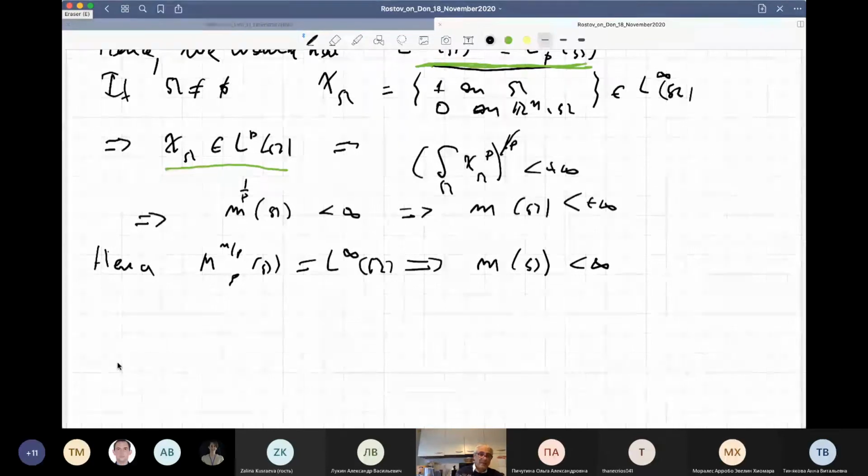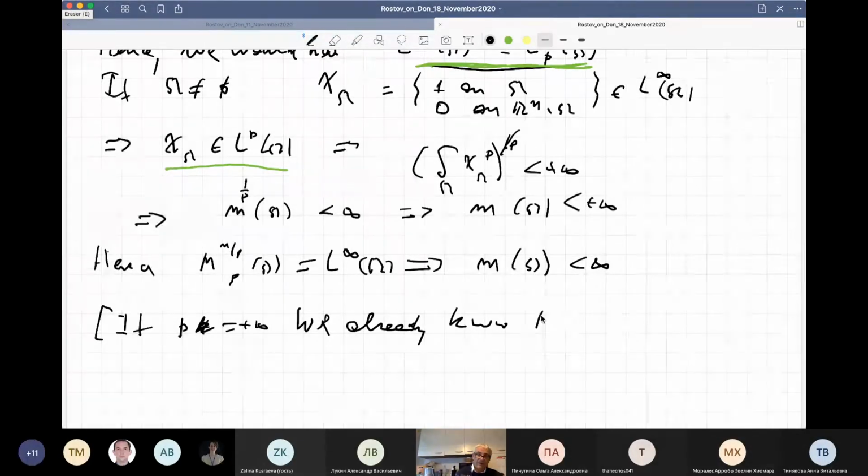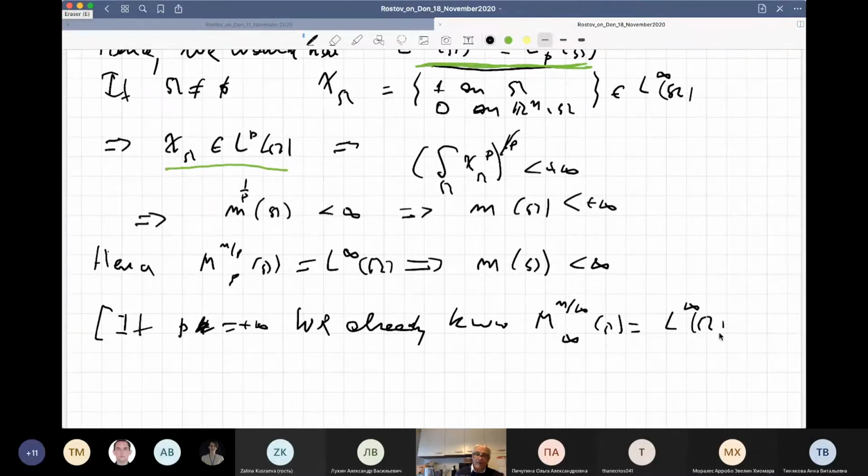And instead, if P is equal to plus infinity, sorry, we had already proved that M(n) over infinity, which is 0, over infinity omega is L infinity omega. We already proved this before, because this is equal to 0. Remember, in the case this was R to the minus 0, do you remember? One of the corollaries we proved before.